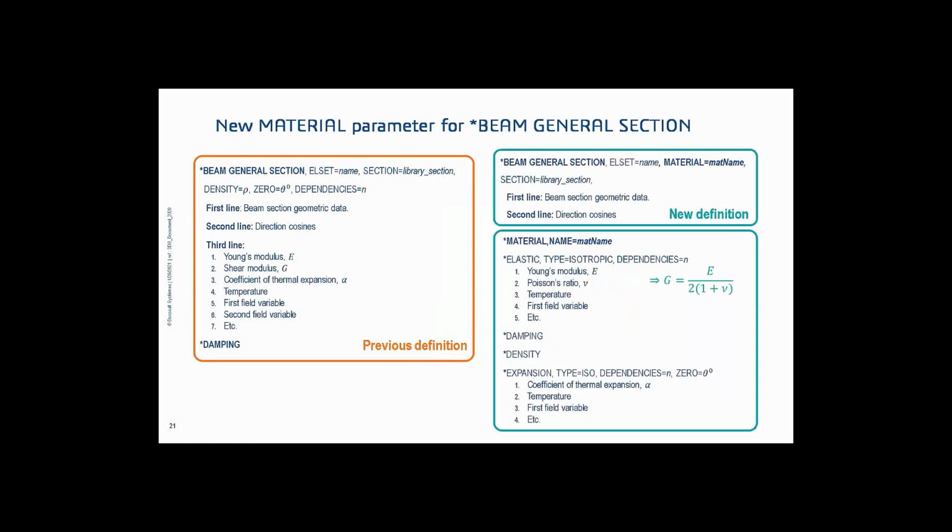Another enhancement is the introduction of the material parameter for beam general section. There are several beam-related enhancements coming up in this release that I'll talk about over the next couple of slides. Previously, with beam general section, you specified material properties directly on the data lines of the beam section keyword, which is fine, although we discovered that it's not consistent with what we do for shell general section, where you can specify materials.